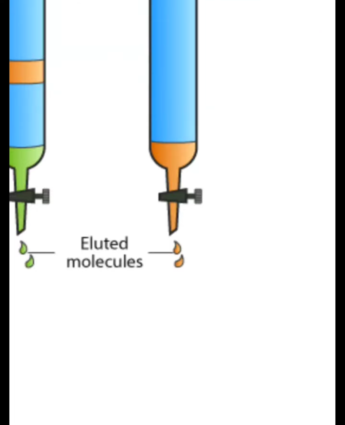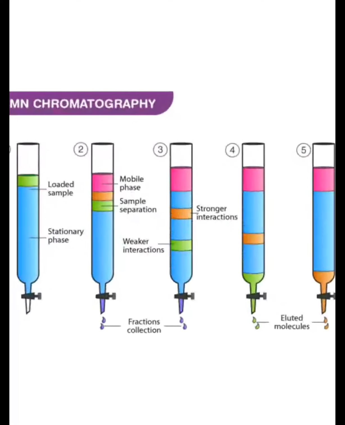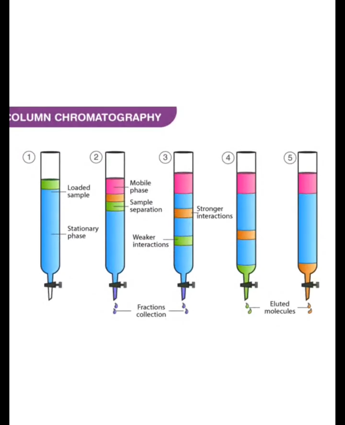So yes, this is the right slide. In this column chromatography, the stationary phase is nothing but the adsorbent, for which silica gel or alumina is used, and the sample is loaded. This green color is the sample we are going to add for the separation of the different mixtures. Further, we add the mobile phase from the top.